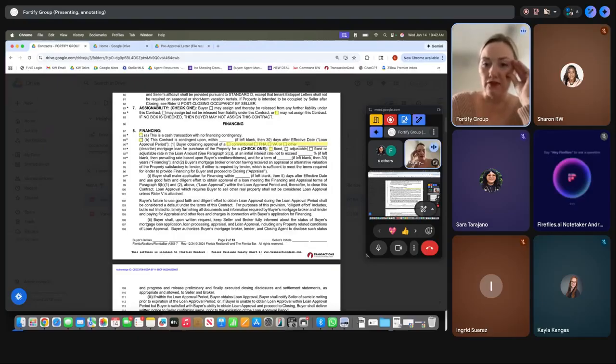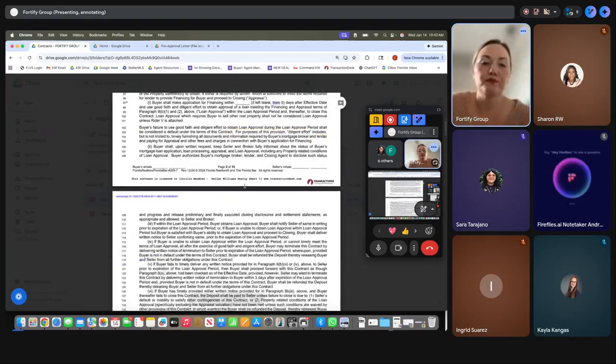Even if they're approved for fixed or adjustable, I want this section to be as safe as possible for your buyer. So if for some reason their loan parameters aren't going to be ideal for them, they do have the opportunity to back out.